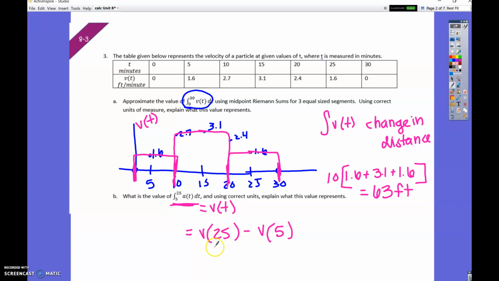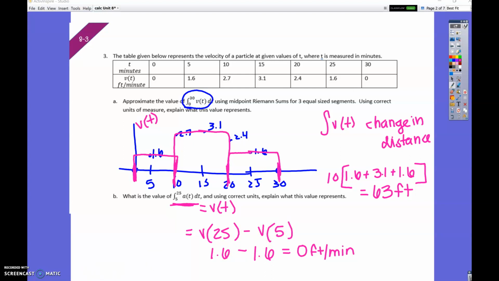Our velocity at 25 is 1.6. Our velocity at 5 is also 1.6. So we get 0. Now, remember our label. We just found a velocity. So that is feet per minute. What did this tell us? Well, the change in velocity from 25 minutes to 5 minutes was equal.